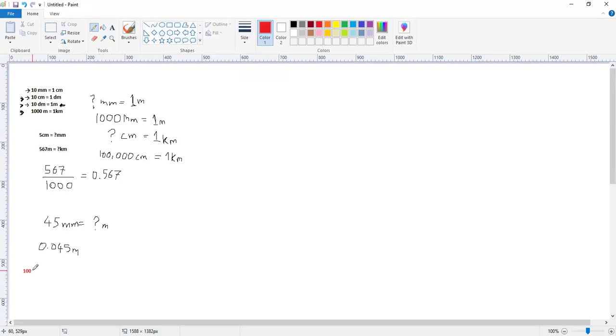So for area measure, we have 100 millimeters squared equals 1 centimeter squared.